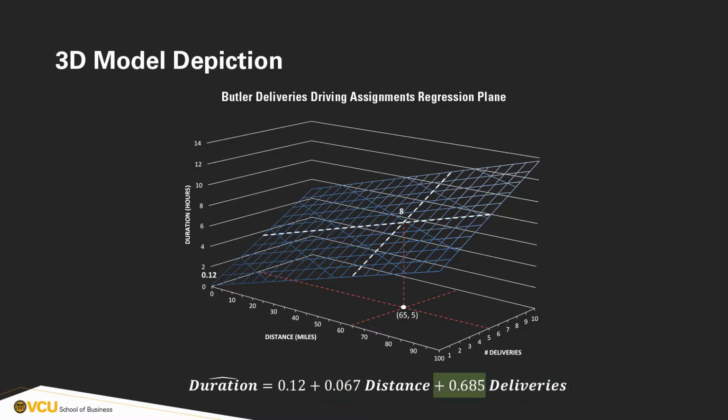Conversely, we can interpret the slope coefficient for the number of deliveries as an increase of 0.69 hours in the duration of a driving assignment for 1 additional delivery being made, while holding the distance covered constant. But if each delivery takes about 0.69 hours, it stands to reason that 3 more deliveries will take 3 times as much, or about 2 hours again. You can see the same effect on the total duration while moving along the variable axis number of deliveries.